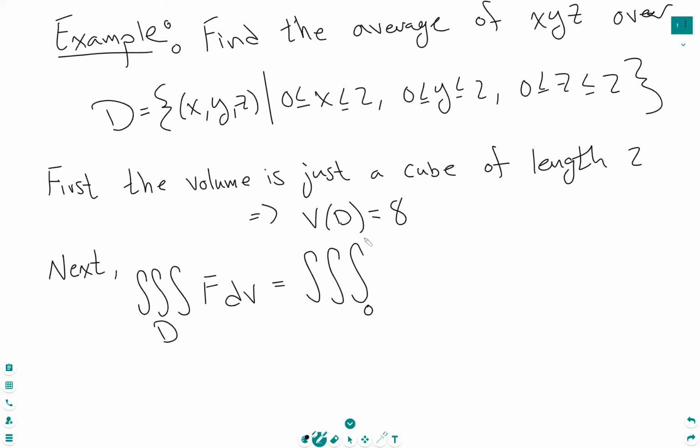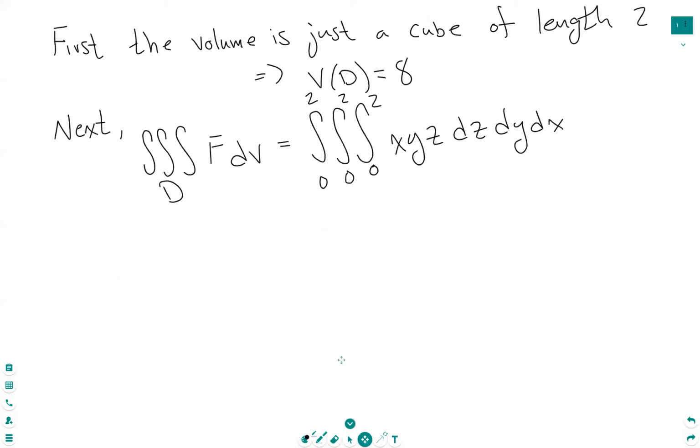This is 0 to 2, 0 to 2, and 0 to 2 of the function x times y times z. And I'm going to choose to just do dz, dy, dx. So we need to do this integral now.